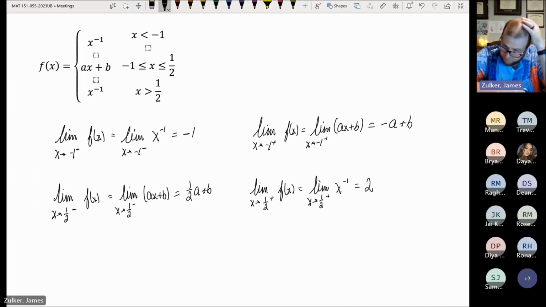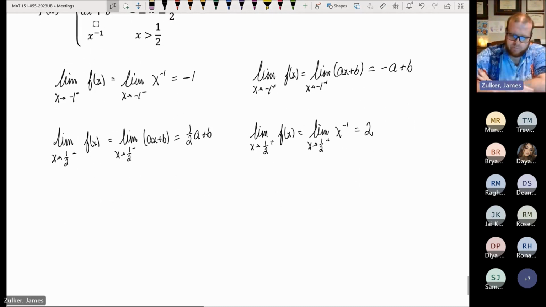Right-handed limit is going to give us 2. So we have to have -a plus b equal to -1 and 1/2 plus b equal to 2.